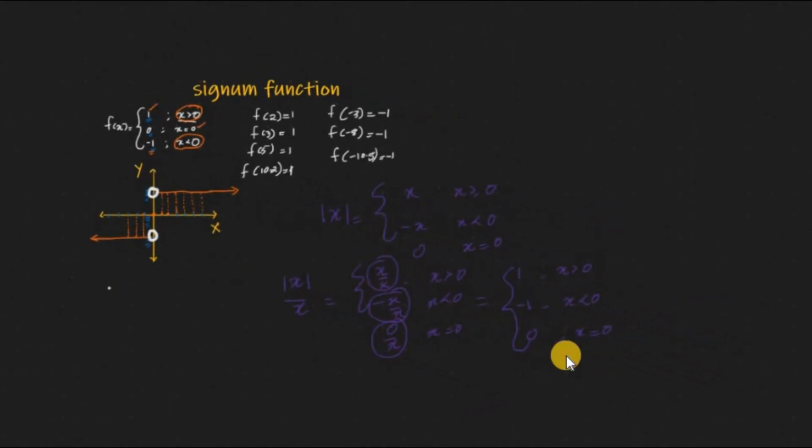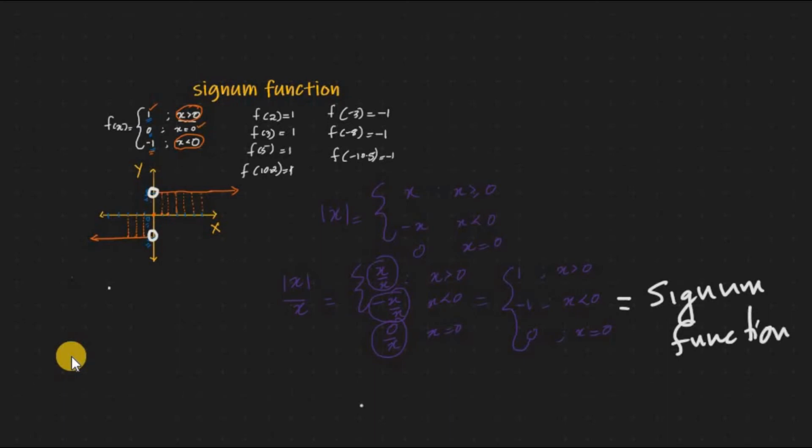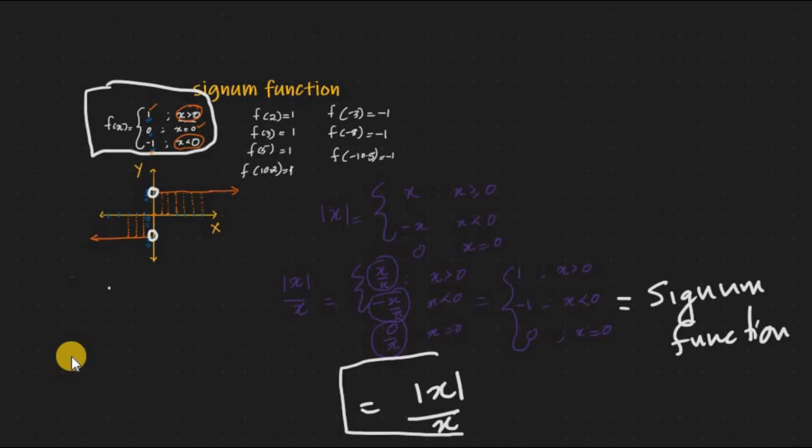And this value is nothing but the signum function. That is, this is equal to the signum function. So the signum function is nothing but modulus of x by x. So we can denote the signum function by this single definition, or even by this definition, mod x by x.